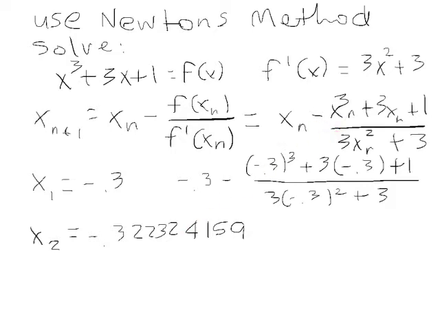So it's going to be negative 0.322324159 minus that number cubed plus 3 times that number plus 1, divided by 3 times that number squared plus 3. And when you do that, what you're going to end up with is your third number in your series, which is going to be negative 0.3221853603.